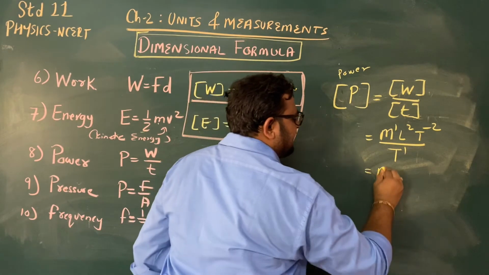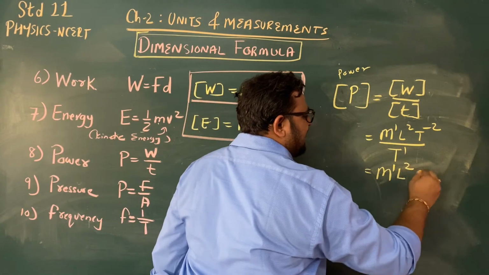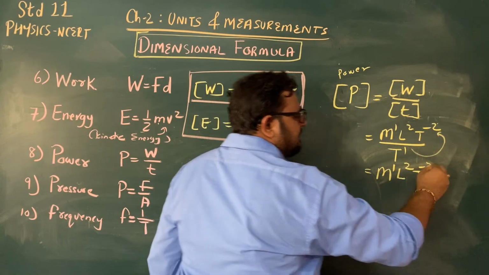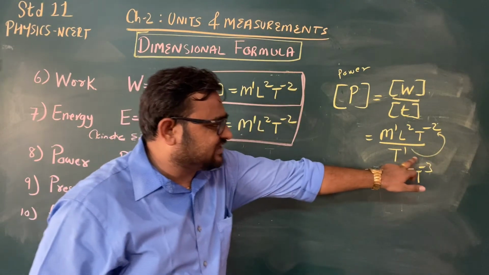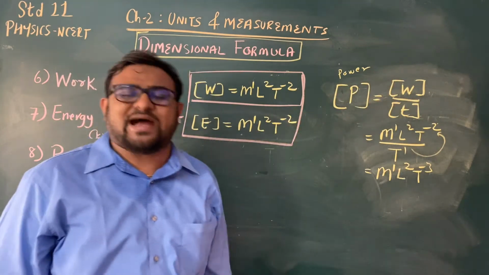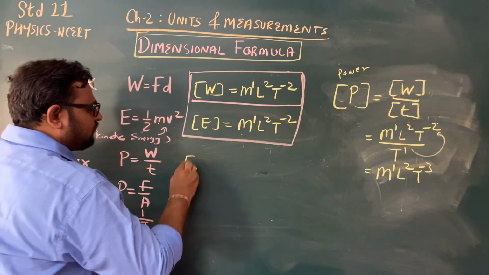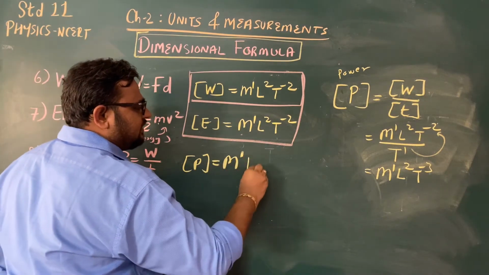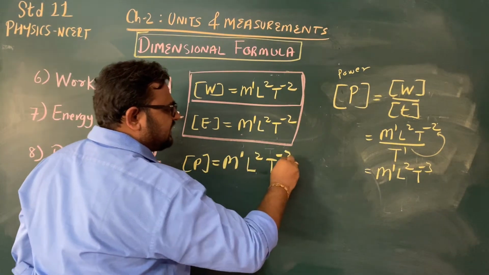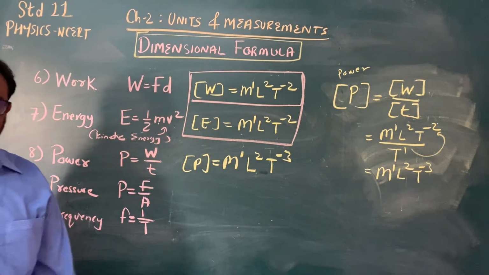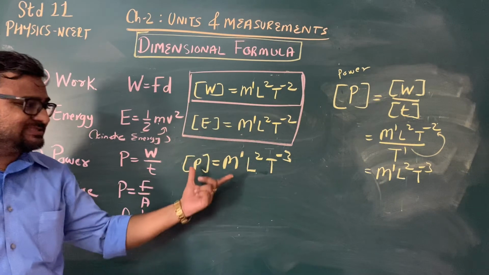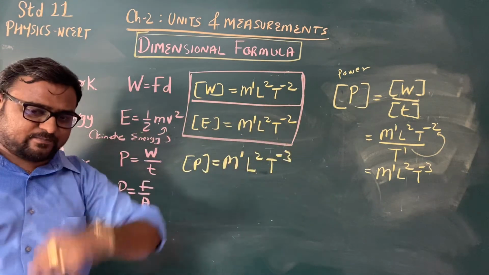So this will be M1 L2 T (minus 2 minus 1) minus 3. It's minus 1 in the denominator, but when it goes to the numerator, it's minus 3. So dimension formula for power is M1 L2 T minus 3, right? So if you remember the formula for work, you can easily derive it. Work by time. Clear?